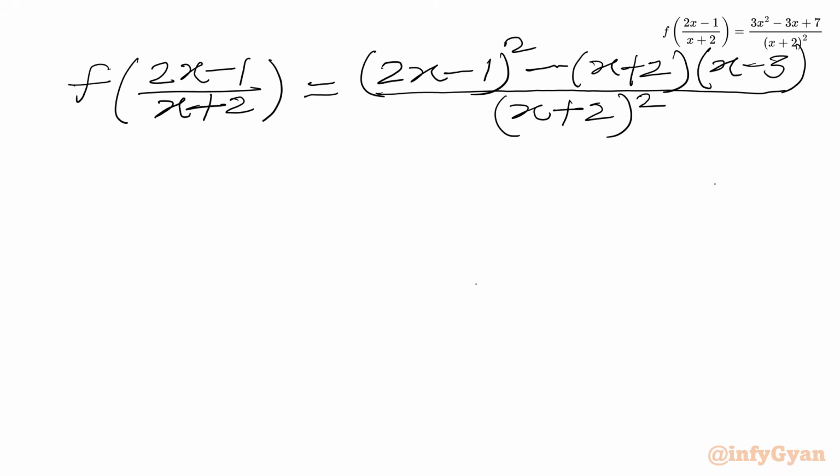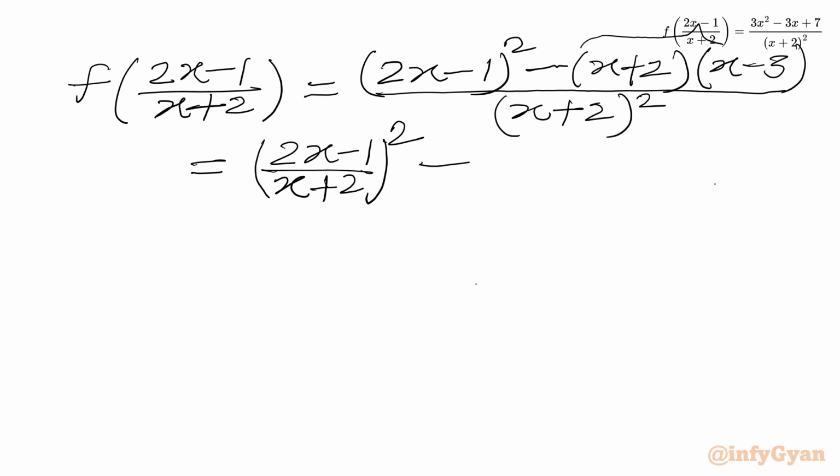Now we are going to split the numerators with respect to the denominator. So (2x - 1)²/(x + 2)², which we can write as ((2x - 1)/(x + 2))², minus (x + 2)(x - 3)/(x + 2)².